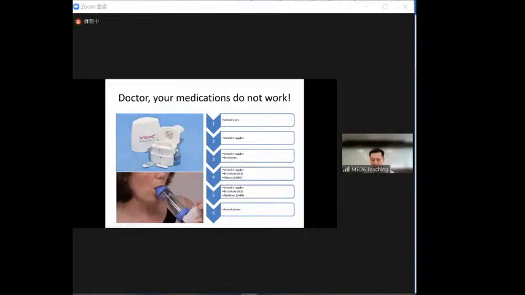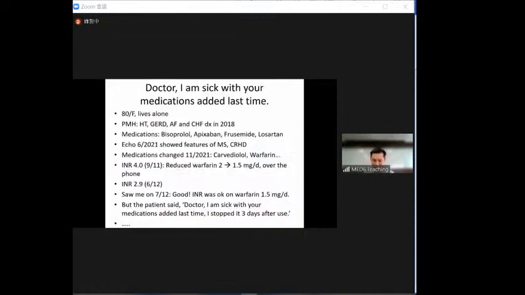Press one time, breathe one time. But in fact, if you are using the aero chamber, you will want to press one time and breathe for maybe 10 times in order to inhale all the medication stored in the spacer, right? And so that's why you should expect unexpected errors in how the patient is taking the medication.